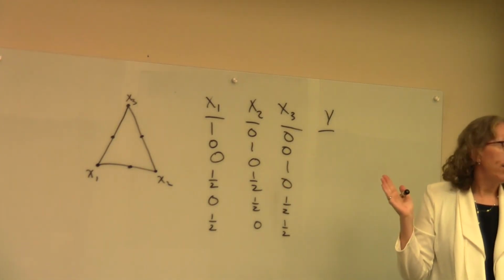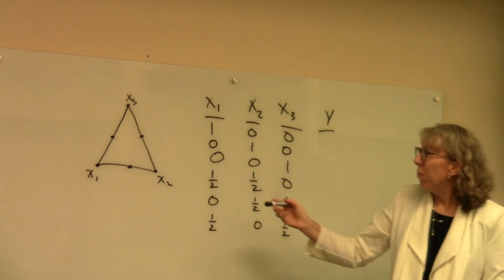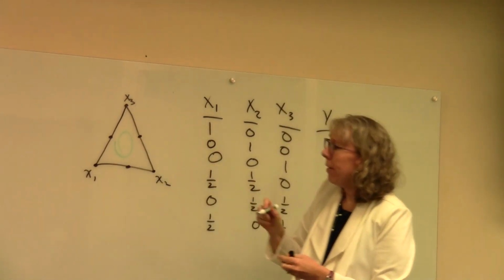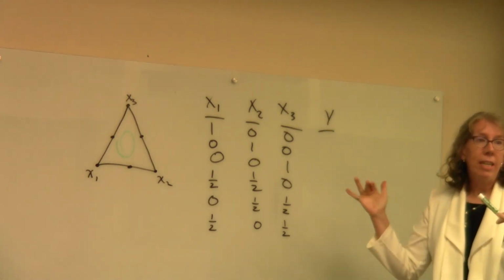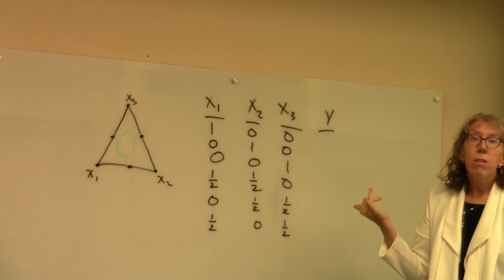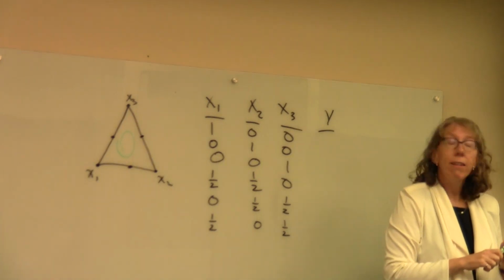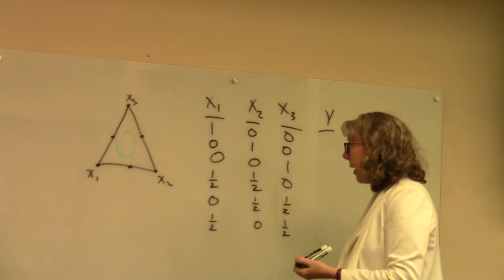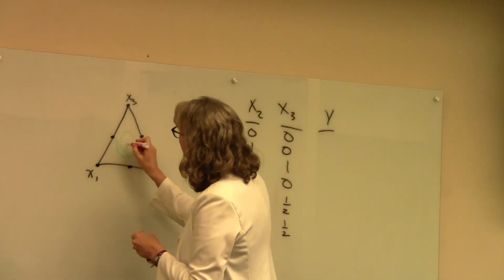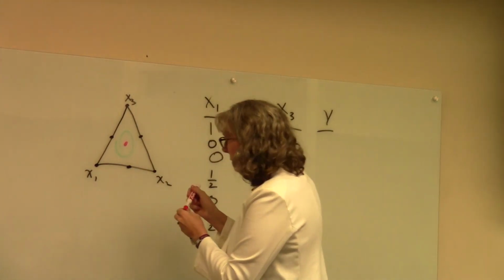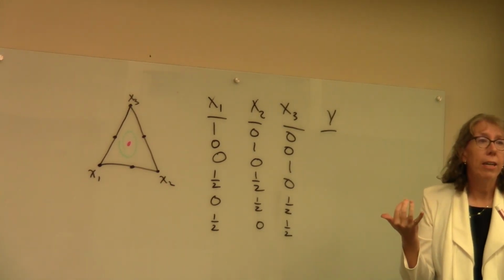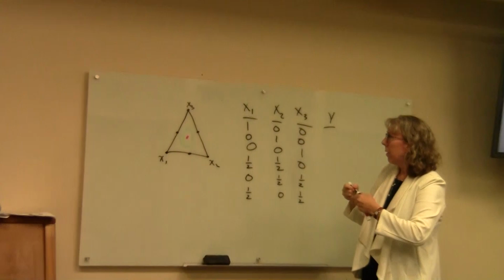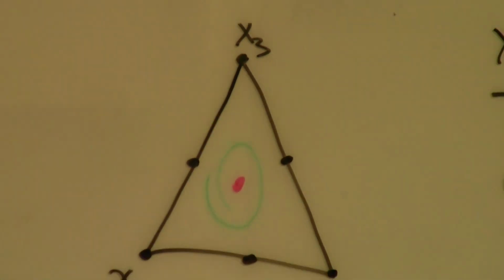Now, one of the deficiencies of this is that if we want to know anything here in the middle, we have not put any kind of experiment there. So the big change with the simplex centroid design is that it adds a center point, so that we have a little bit of information about what's happening in the middle, where everything is 1/3.